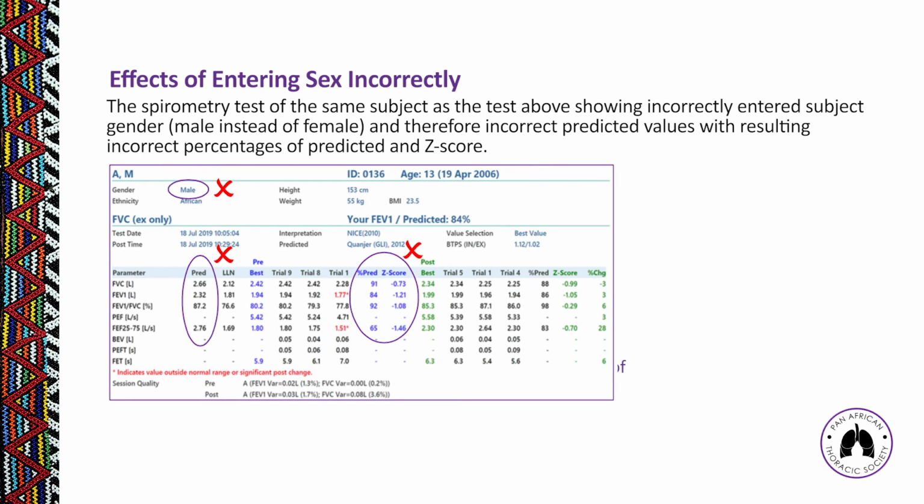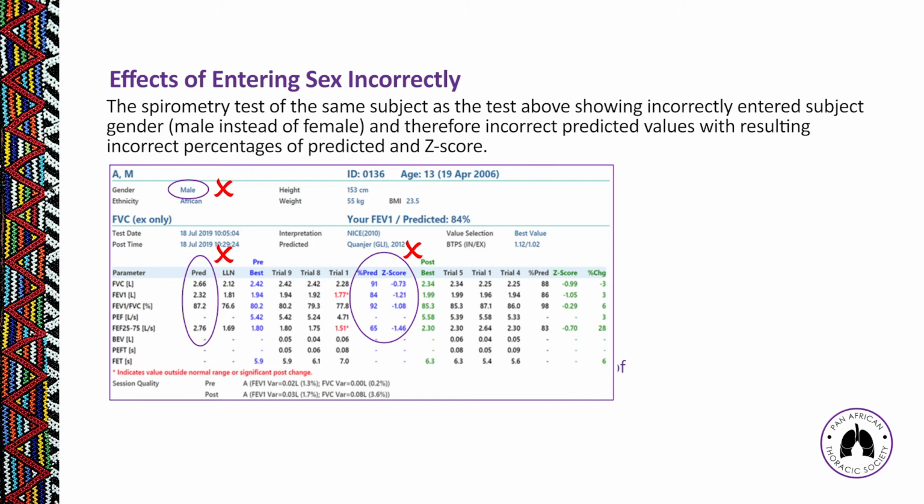But when this child is entered as a male instead of a female, look at how the predicted values increase: the FVC from 2.56 to 2.66, changing the Z-score from minus 0.43 to 0.73. In the same way, the FEV1, when entered as a female, goes from 2.30 to 2.32, and the Z-score changes from minus 1.18 to minus 1.21.